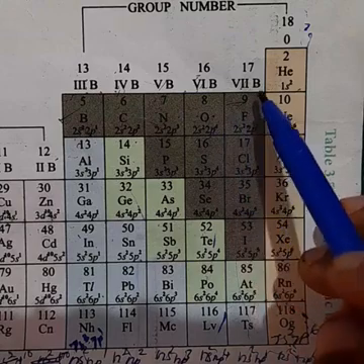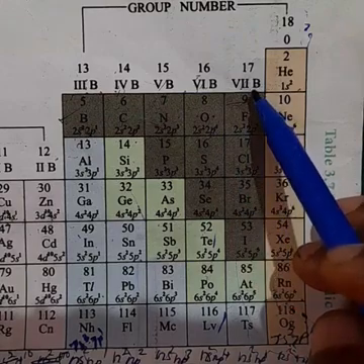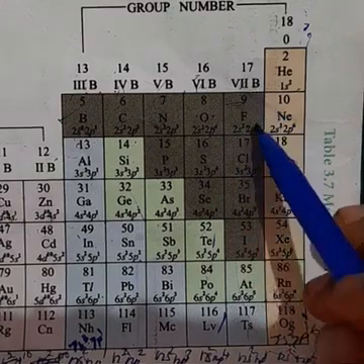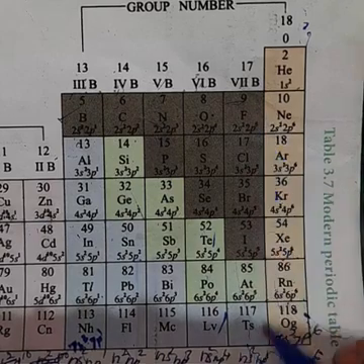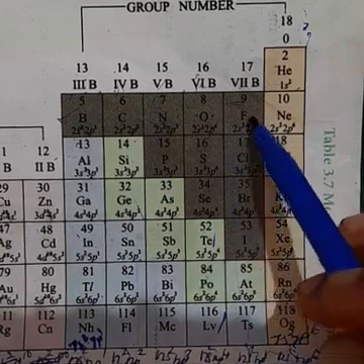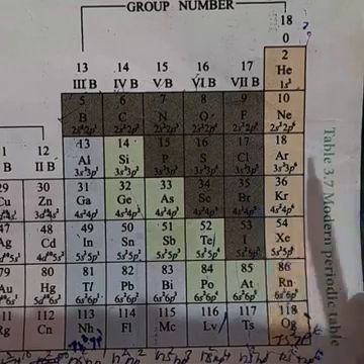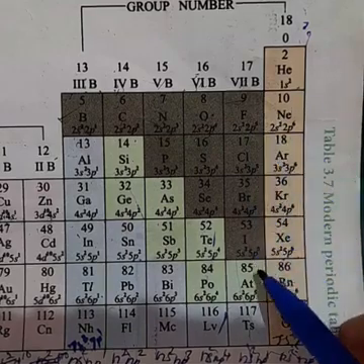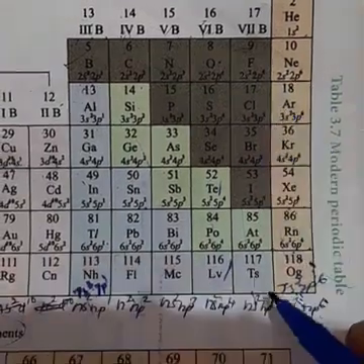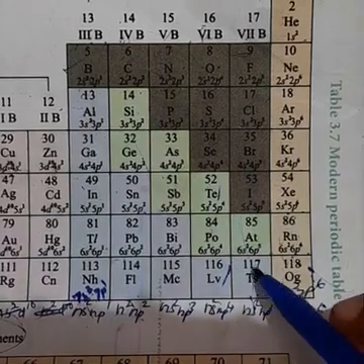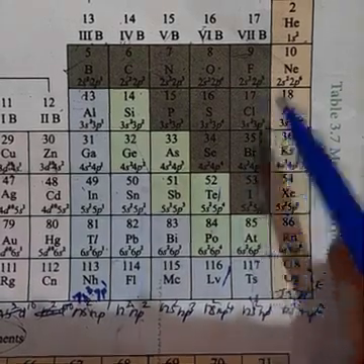Group 17 elements are all halogens: fluorine, chlorine, bromine and iodine, and with similar electronic configuration astatine and tennessine. Understood? These are about the P block elements.